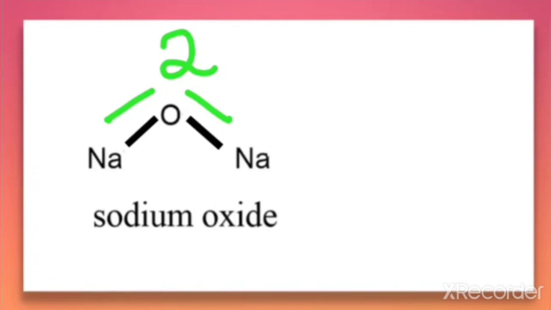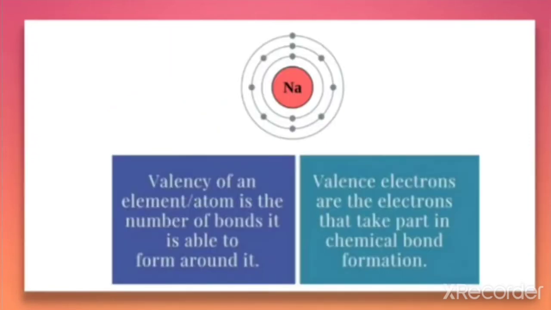For sodium, 1 sodium can form 1 bond. Therefore the valency is single. So we can also define the valency of an element or the atom as the number of bonds it is able to form around it. And the valence electrons are the electrons that take part in the chemical bond formation.